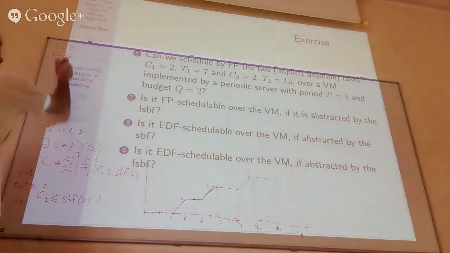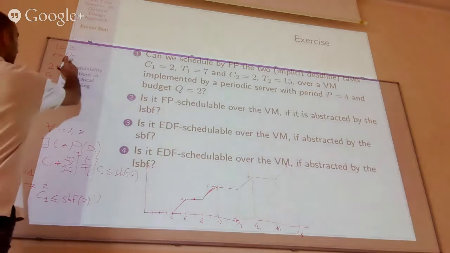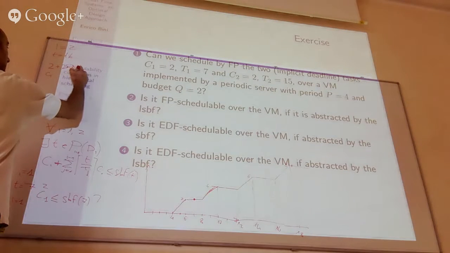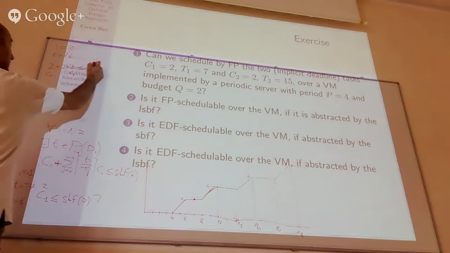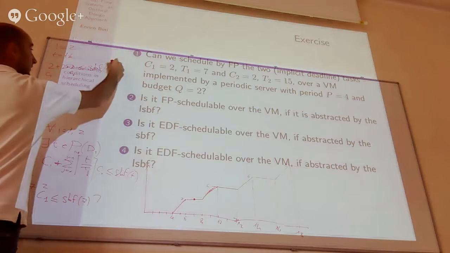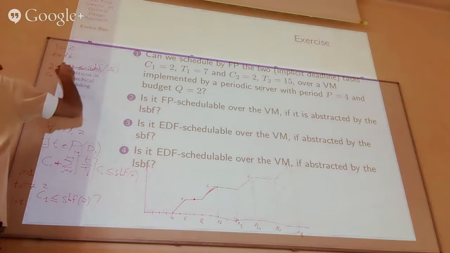We have C2, which is 2, plus the interference of tau 1 in the interval of length 14, which is 4, because it's 2 jobs times 2 computation time. This is C1. It has to be less than or equal to SBF of 14. So basically this is 6.